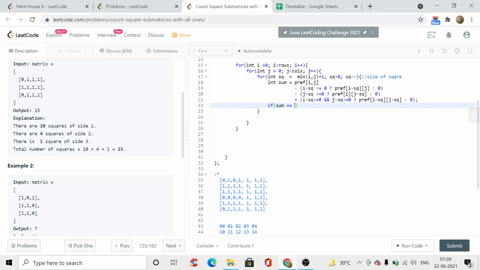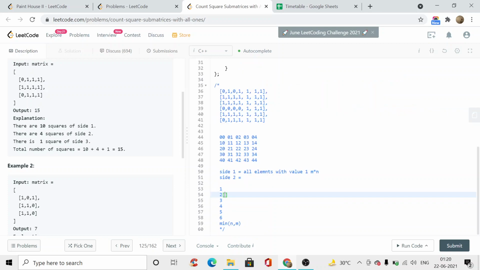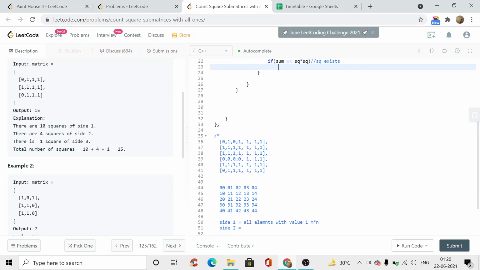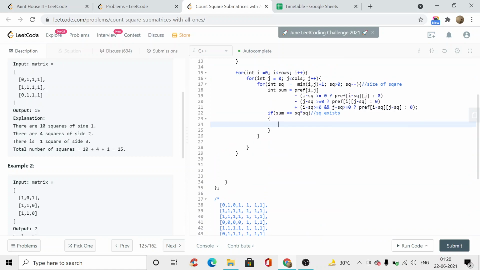If sum is equal to SQ into SQ, it means a square exists. So we are going to just add into our result plus plus, just this much.